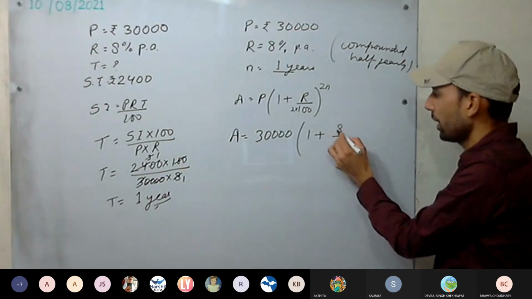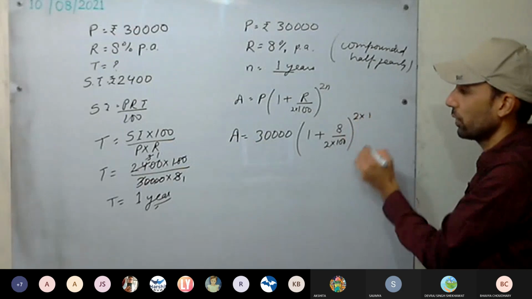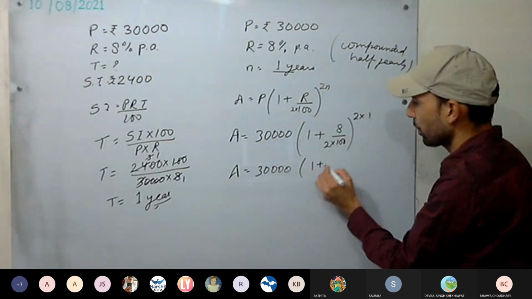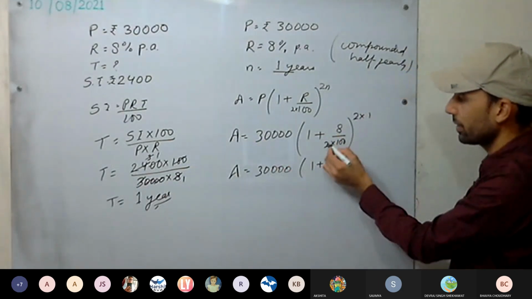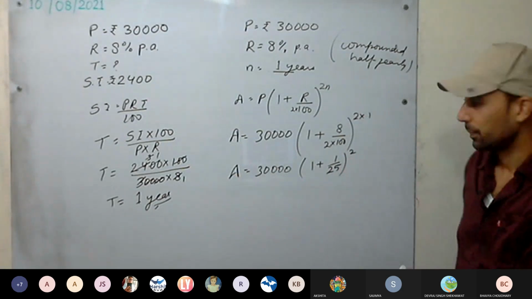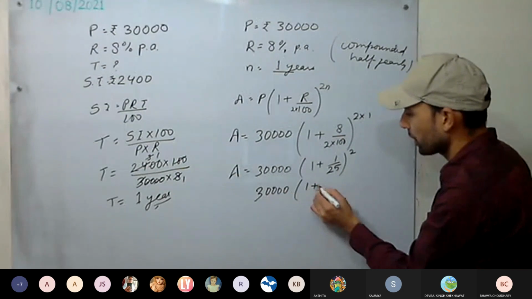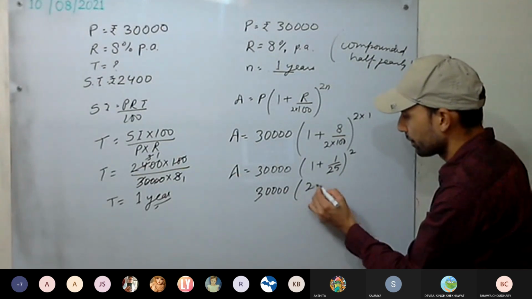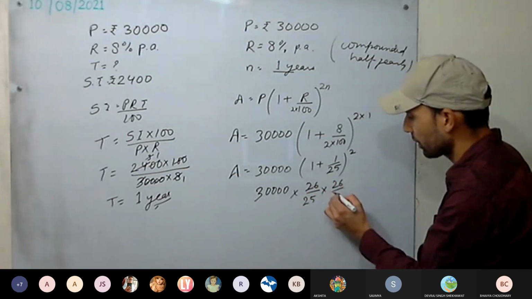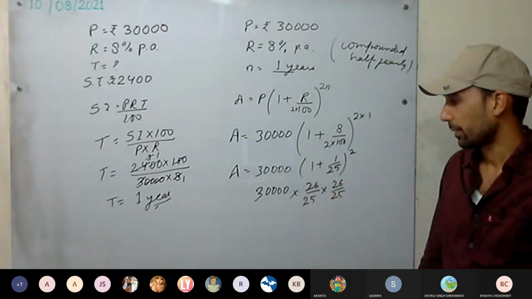Raised to power 2 into N. 30,000 into 1 plus, if you cancel them, 1 upon 25, raised to power 2. 1 plus 1 by 25 will be 26 divided by 25, into 26 divided by 25. 26 divided by 25, the whole square. So this is the answer.